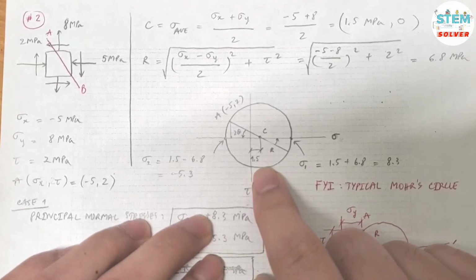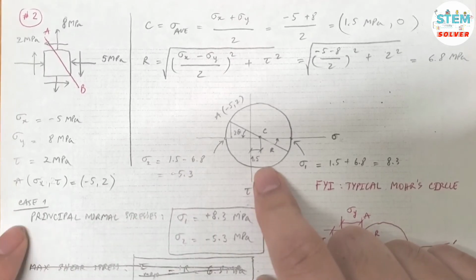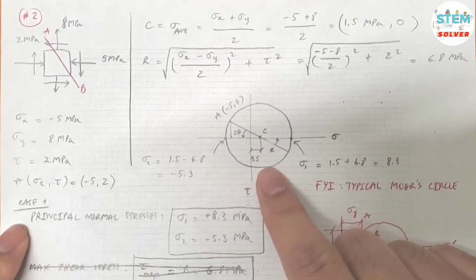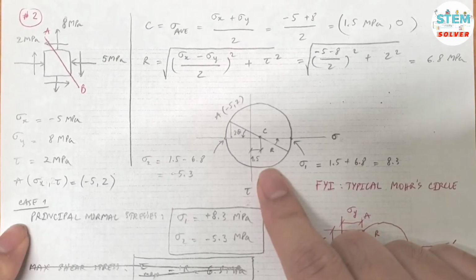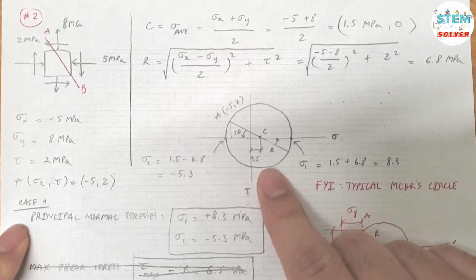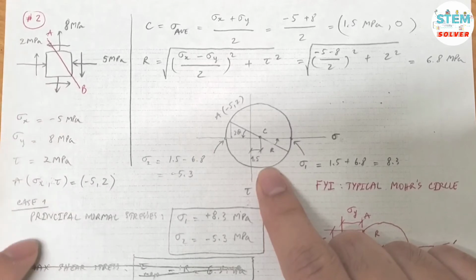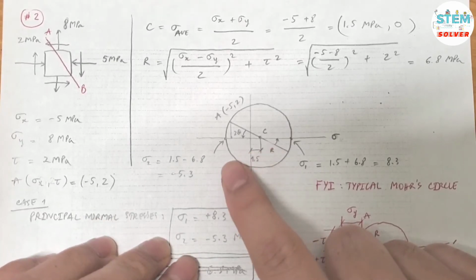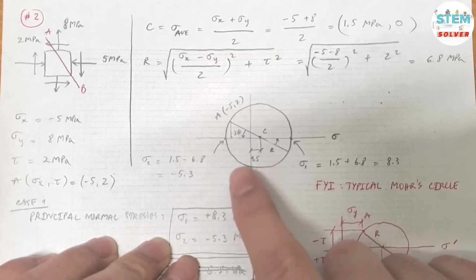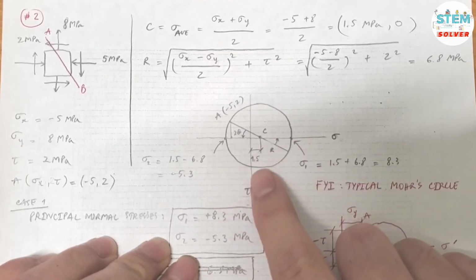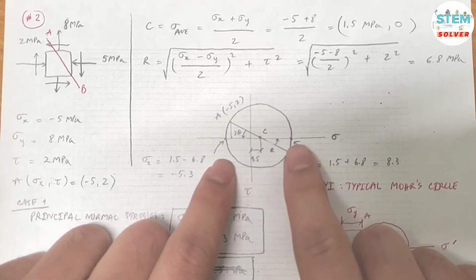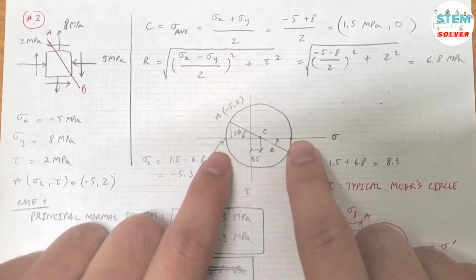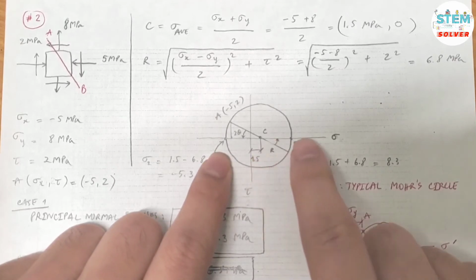Now, for the first case, you are asked to represent the Mohr circle or the transformation of this diagram for the case of principal normal stresses. So what are the principal normal stresses? They happen at the intersection of the circle with the x-axis, right here and right here.